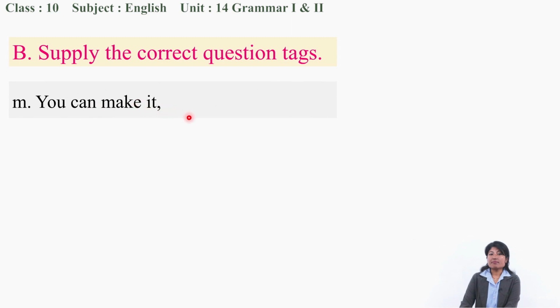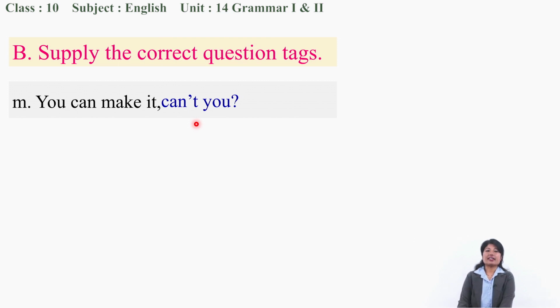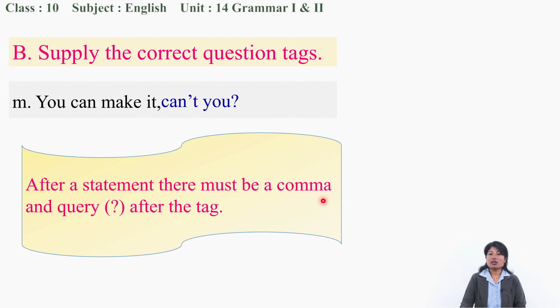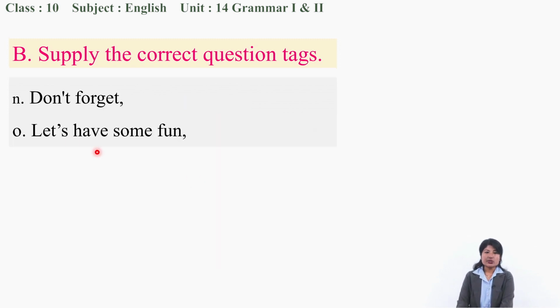M: you can make it. So what will be the tag? Can't you? And here we can say, after a statement there must be a comma and a question mark after a tag. Comma after the statement and question mark at the end. Continuing. Okay, N: don't forget.